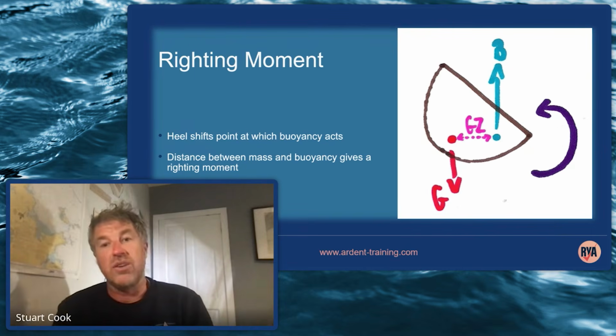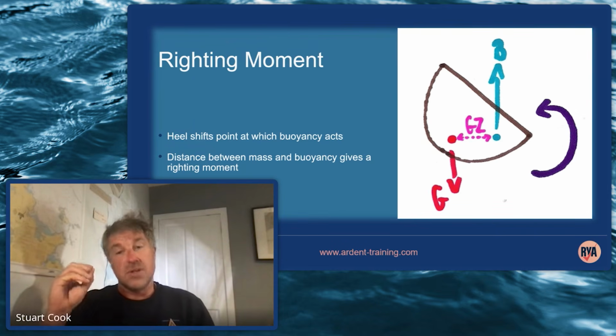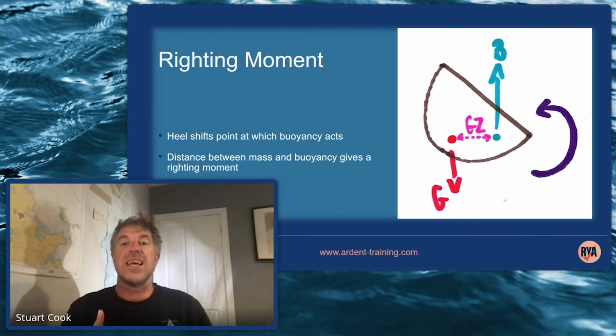And so that's known as our righting moment. The moment is a combination of the size of that buoyancy force and the distance it is away from the center of gravity. So that's that GZ distance.